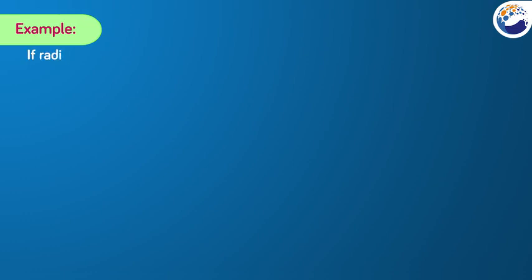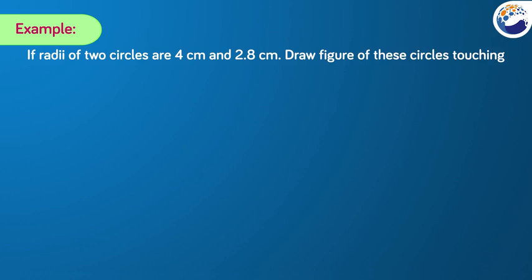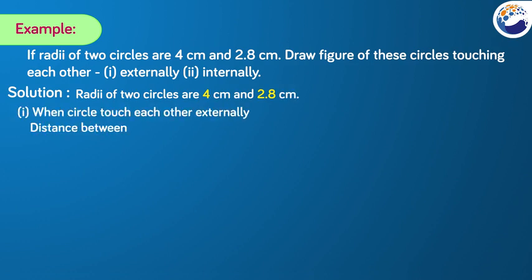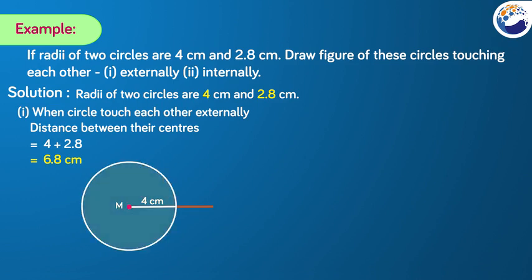Example: if radii of two circles are 4 cm and 2.8 cm, draw figure of these circles touching each other, 1 externally, 2 internally. Solution: radii of two circles are 4 cm and 2.8 cm. 1. When circles touch each other externally, distance between their centers is equal to 4 plus 2.8 is equal to 6.8 cm. 2.